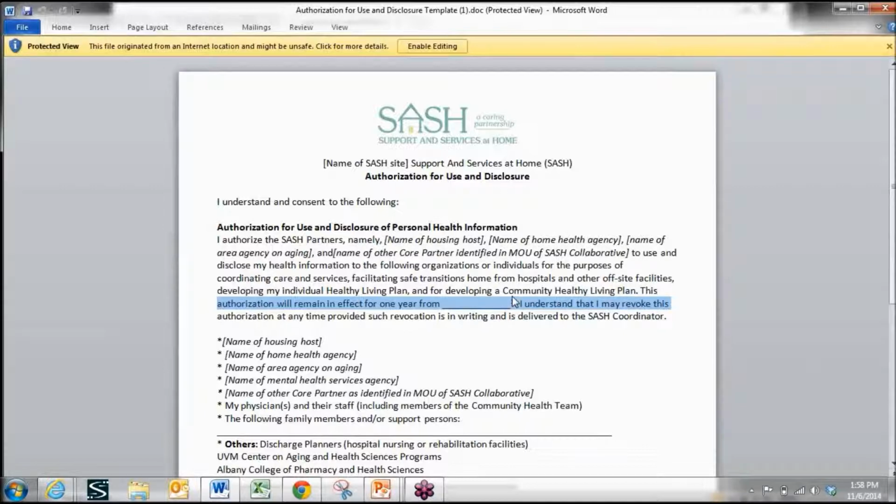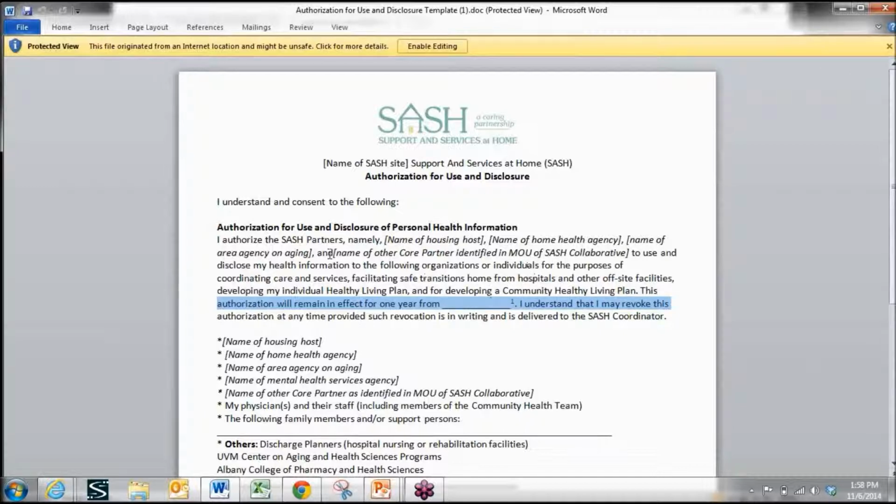So what this form is doing is the participant is giving their permission for the members of the SASH team, which are those partner organizations, to share information amongst each other for particular purposes. And that is what this paragraph identifies.